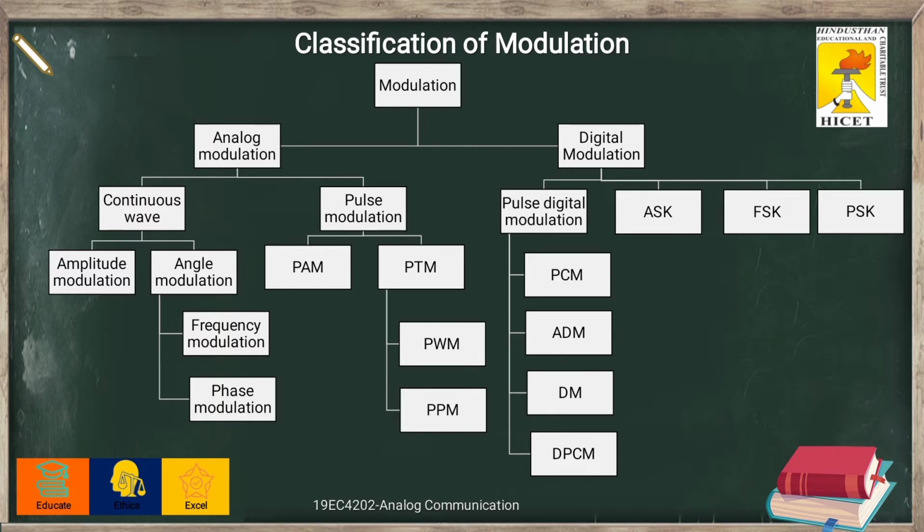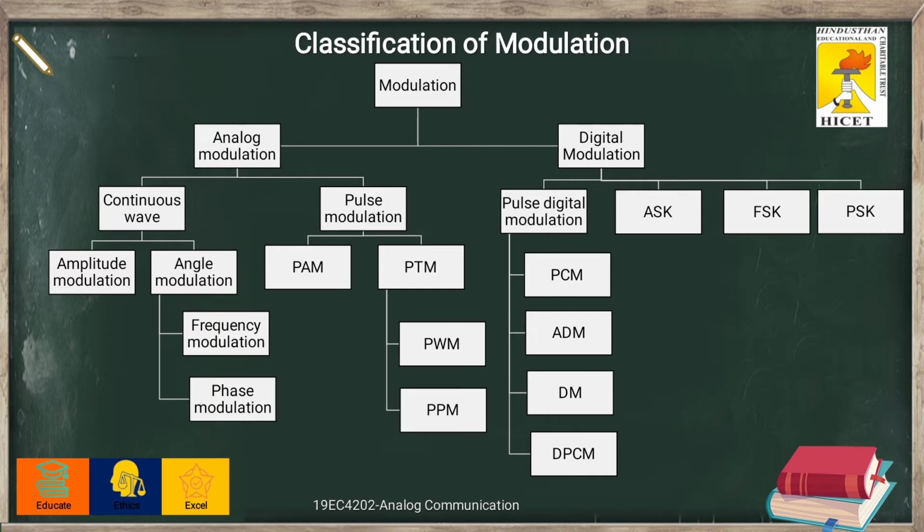As I told you before, the characteristics of the carrier wave is changed according to the amplitude of the message signal in the process of modulation. If the amplitude of the carrier signal is changed according to the amplitude of the message signal, it comes under the category of amplitude modulation.